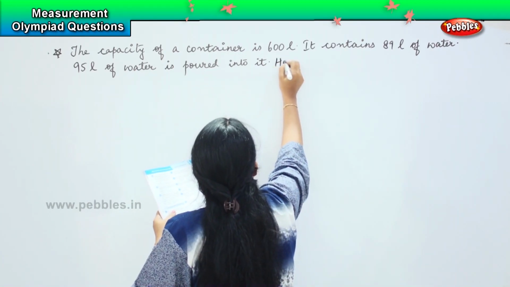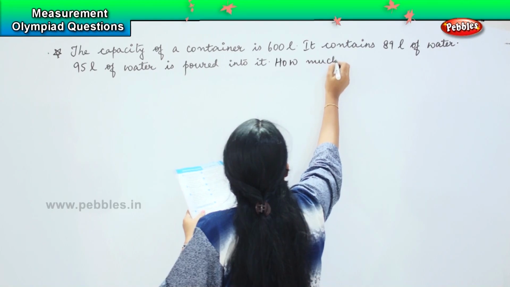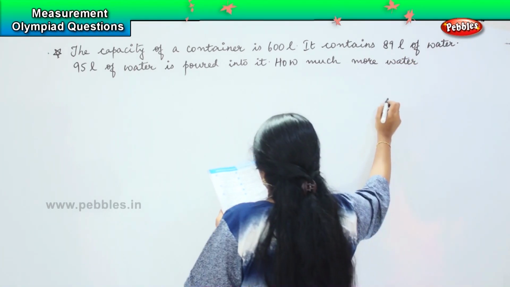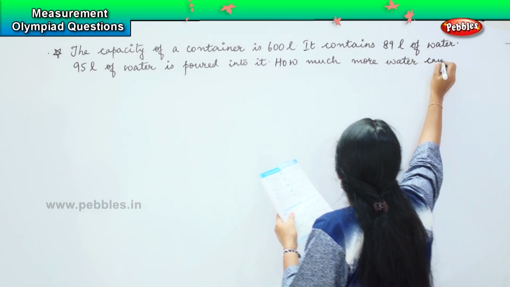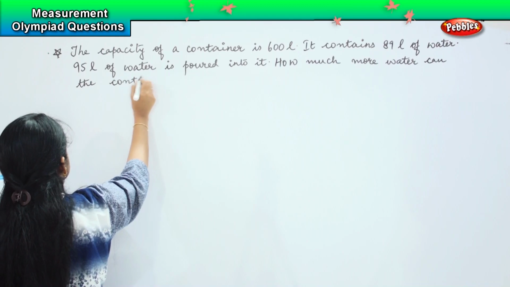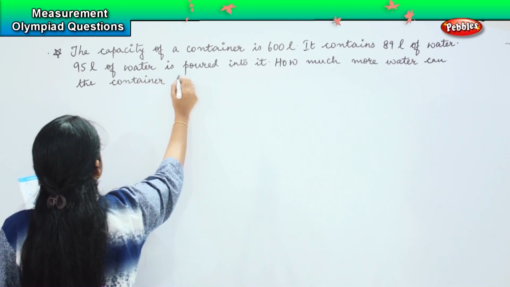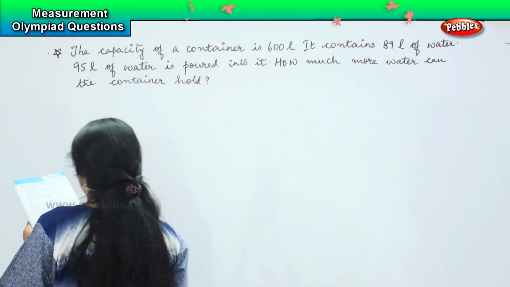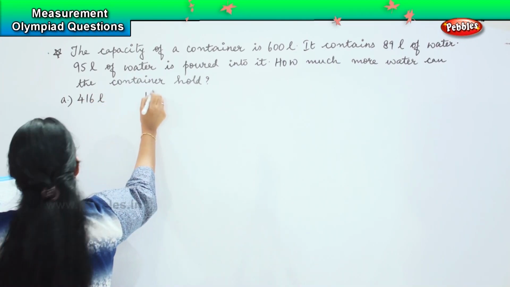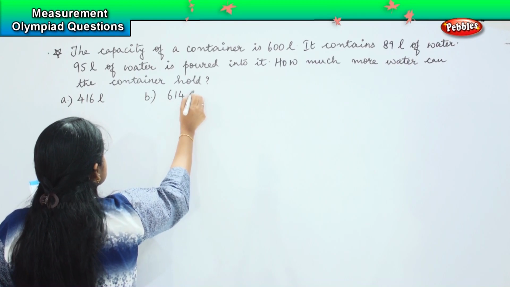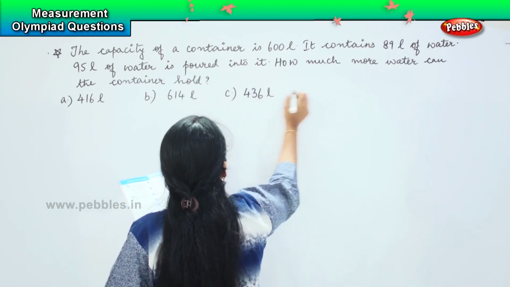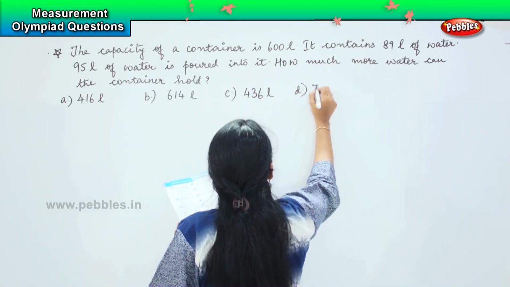How much more water can the container hold? The options given are A: 416 liters, B: 614 liters, C: 436 liters, and D: 764 liters.